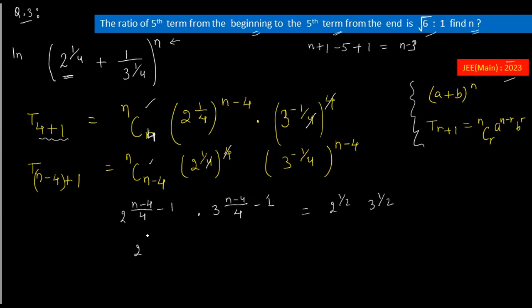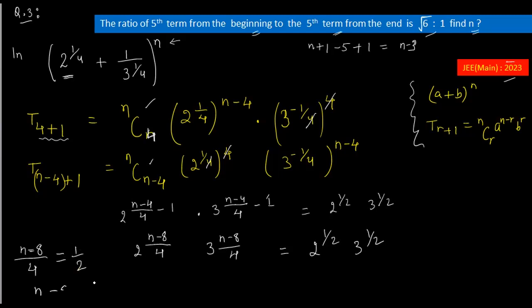So this is nothing but 2^((n-8)/4) and 3^((n-8)/4) equal to 2^(1/2) and 3^(1/2). Once we compare the exponent of 2, we get (n-8)/4 equal to 1/2. After cross multiplying, we get n-8 equal to 2.